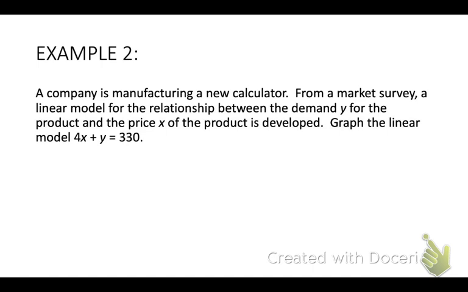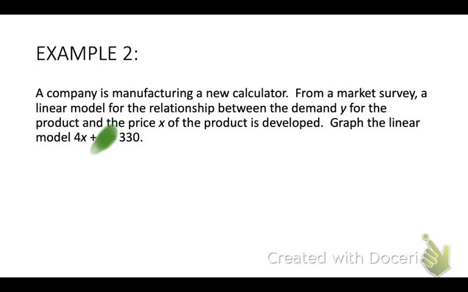What would be your y-intercept? You covered up your x, wouldn't it be 330? What would be your x-intercept? What is 330 divided by 4? 82.5? That's not too terrible.